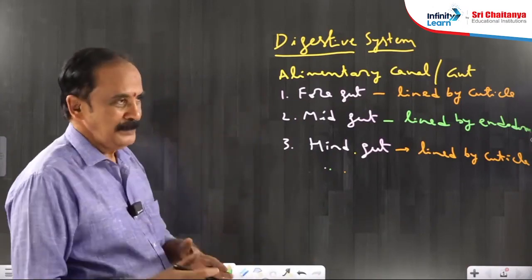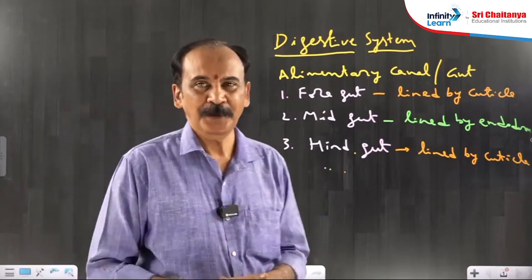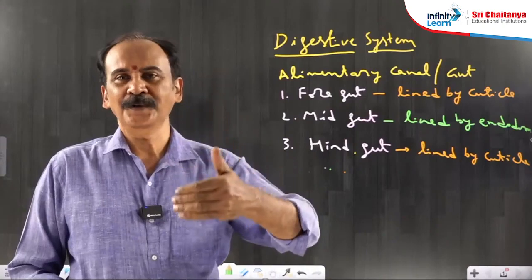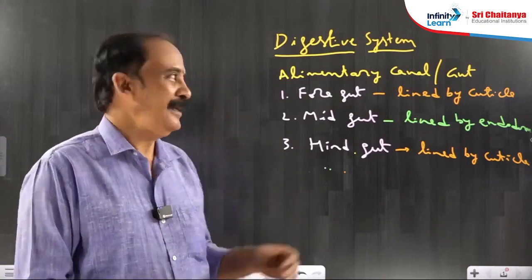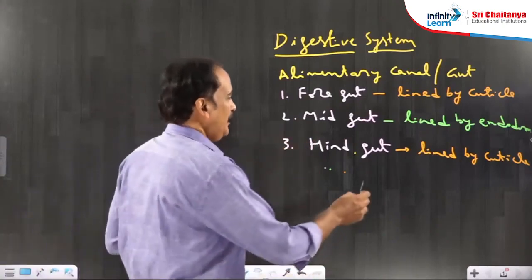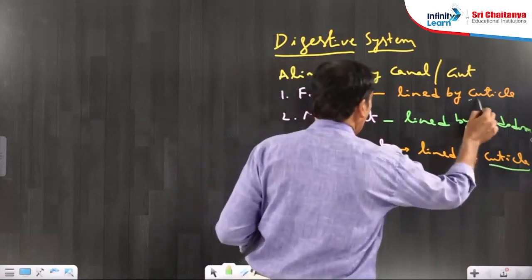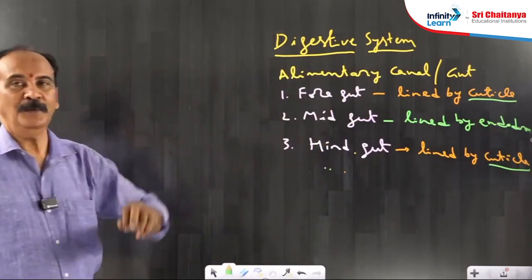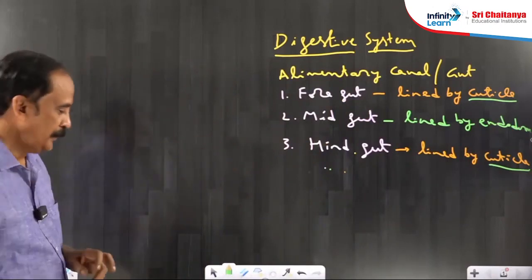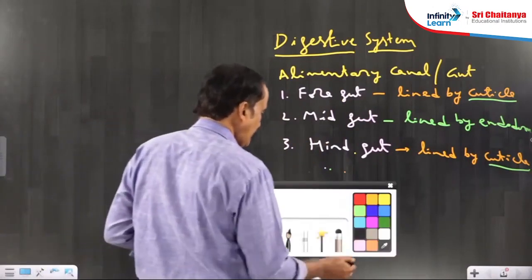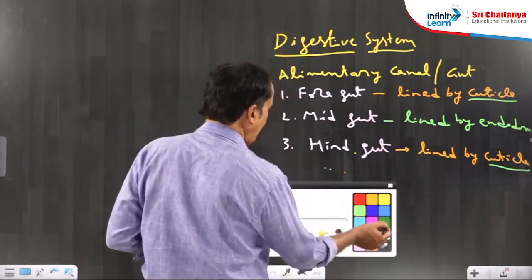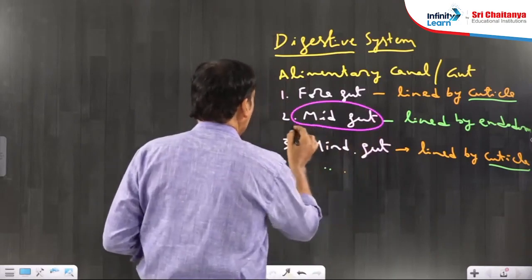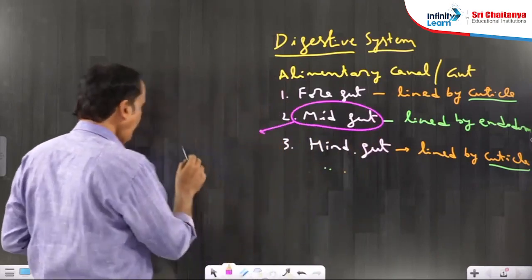As the animal is an omnivore, it will eat all kinds of food material. So naturally, when it is passing through the gut, there is a chance of the gut inner layer being damaged, which is protected by cuticle in foregut and hindgut. But in midgut, you don't have cuticle or an ectodermal layer. So here it is protected by a special membrane produced by itself, called the peritrophic membrane.